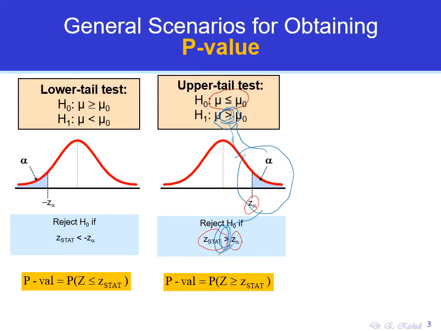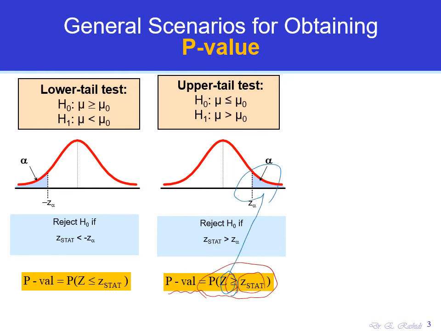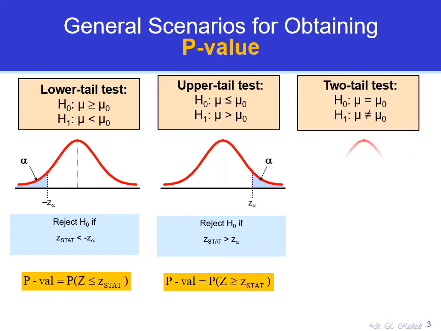Following this, the p-value would be computed as follows. The p-value would be the probability that the random variable z, the standard normal distribution, is greater than or equal to the test statistic value. This greater than sign again comes from the upper tail, which comes from the greater than sign in the alternative hypothesis.